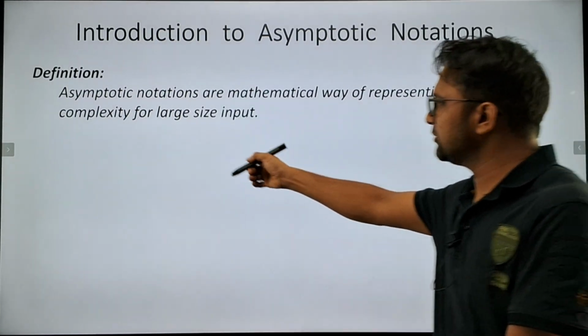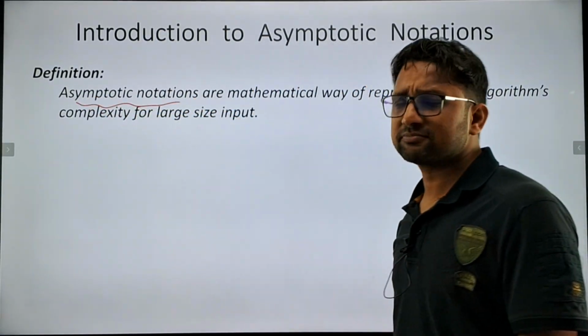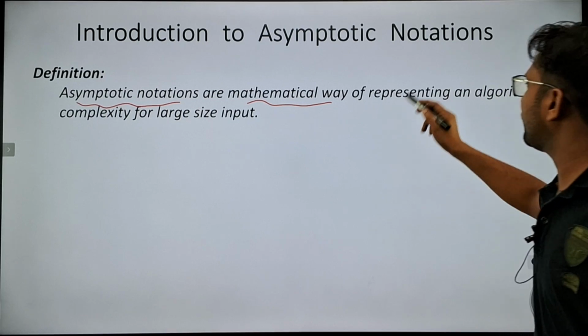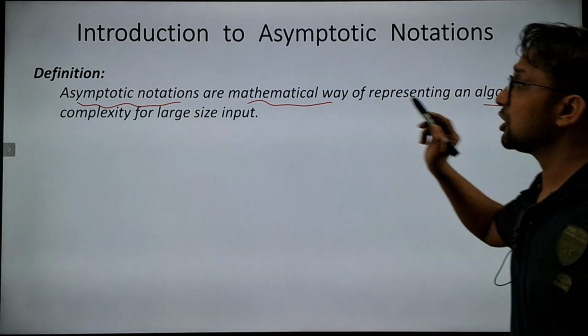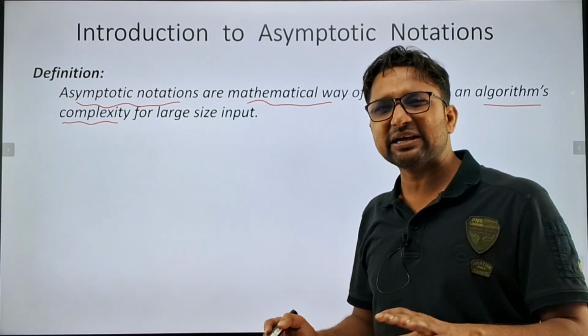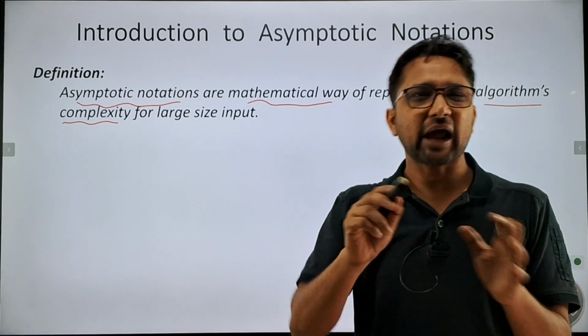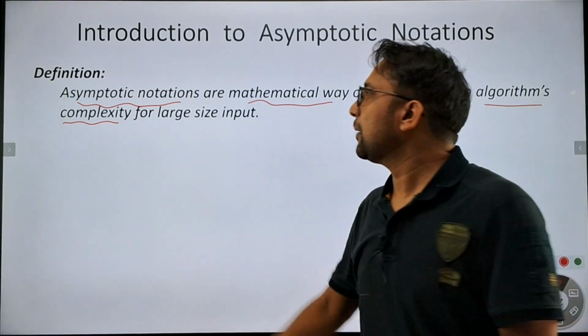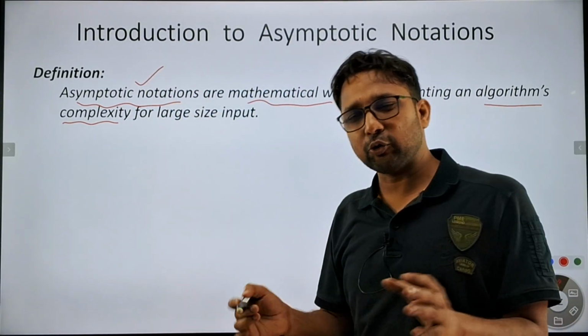So here is the definition. Asymptotic notations are a mathematical way of representing the algorithm's complexity. We can represent either space complexity or time complexity of any algorithm by using the asymptotic notations.